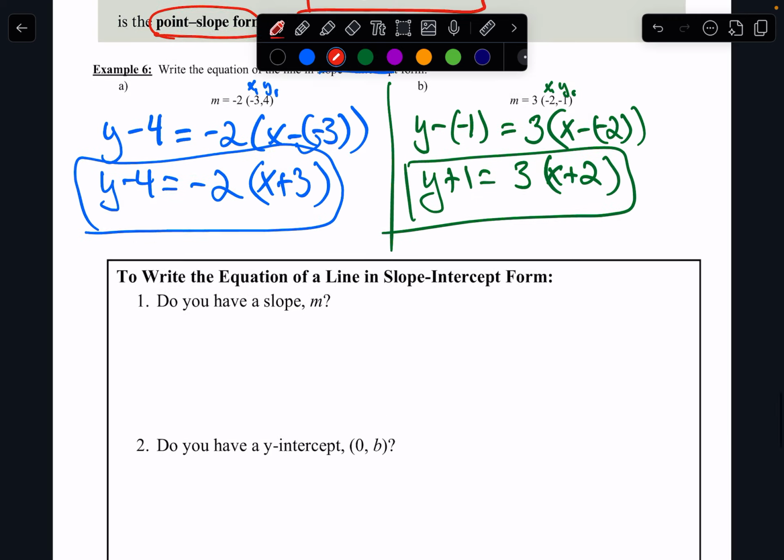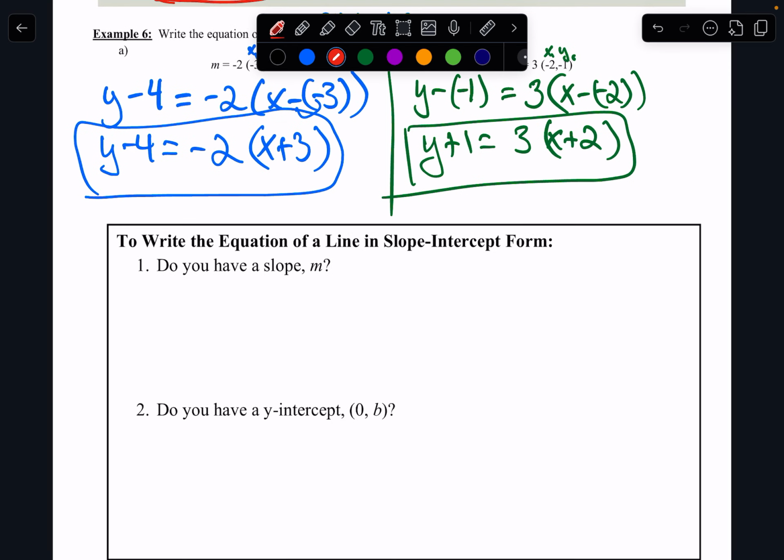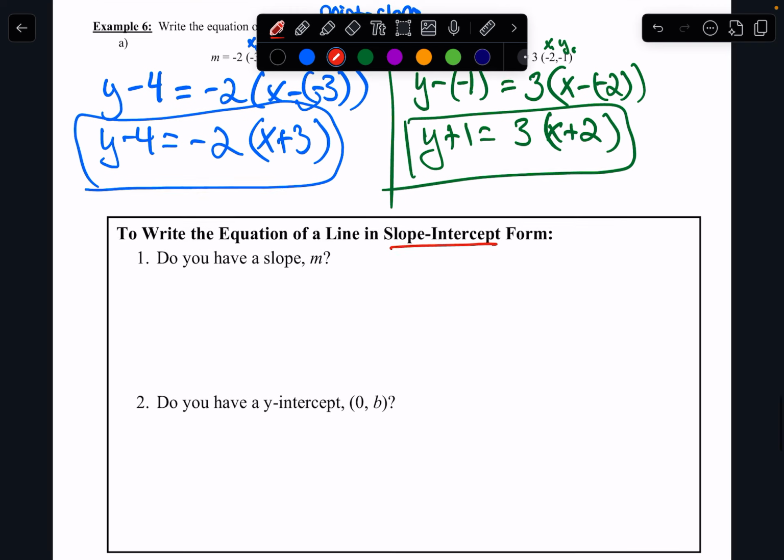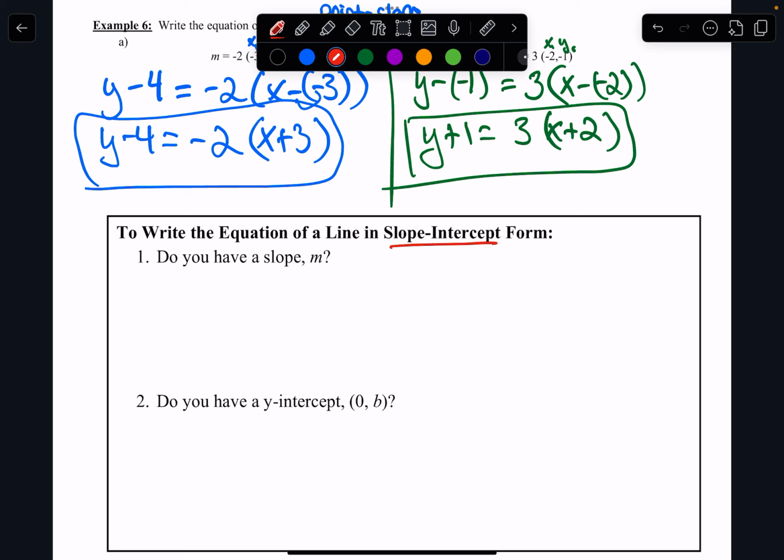Okay, so to write the equation of a line in slope-intercept form, do you have a slope m? In order to calculate the slope, you need 2 points. When you have 2 points, you can calculate the slope.